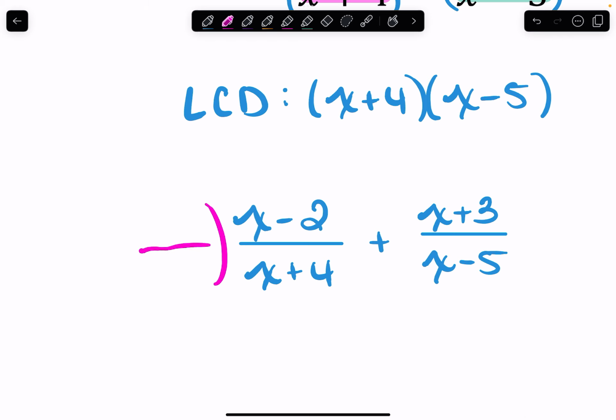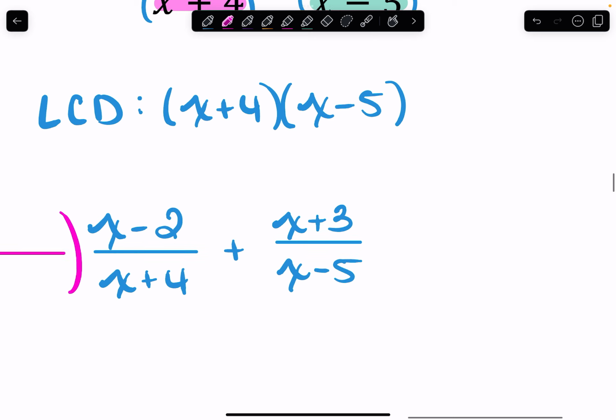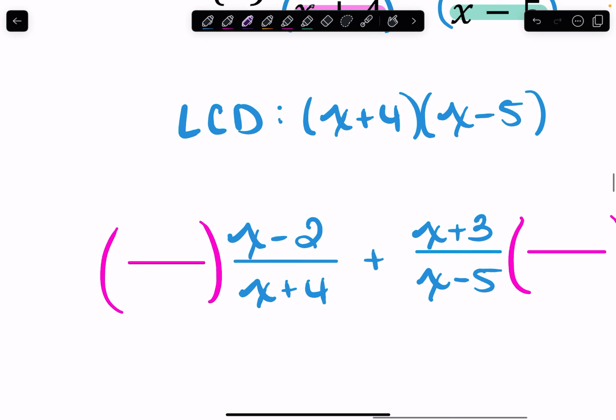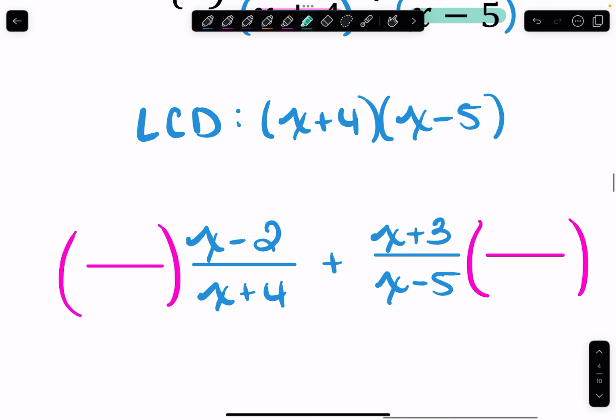Remember, it's an expression, so we have to multiply by a form of 1. So we're going to multiply each individual fraction by the form of 1 using the missing factor or factors from the LCD. So if I look at my first fraction, the only thing in the denominator is the x plus 4. I am missing the x minus 5.